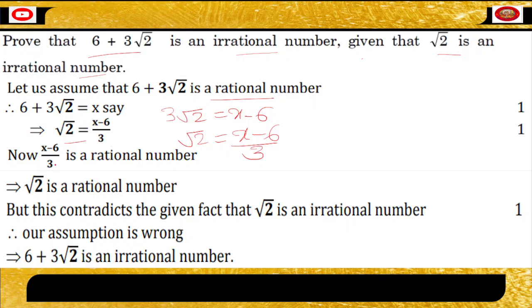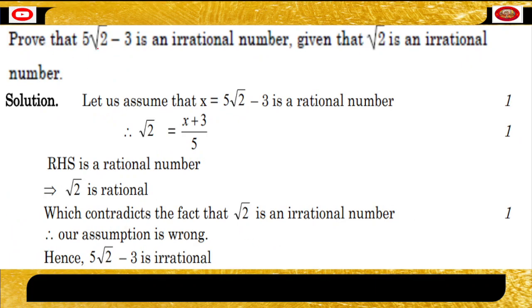Now x minus 6 divided by 3 is a rational number. It implies that root 2 is a rational number, but this contradicts the given fact that root 2 is an irrational number. Therefore, our assumption is wrong. Hence, 6 plus 3 root 2 is an irrational number. Understand, students?